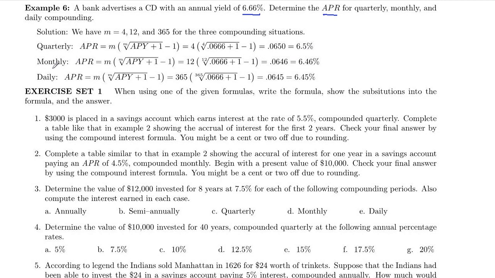If you compound monthly, you only need 6.46% APR to give you the same yield. If you compound daily, you only need 6.45% to give that yield. Again, notice the APR is less than the APY, and if you have more compounding, your APR decreases for the same APY.